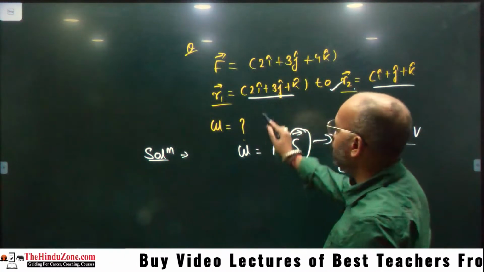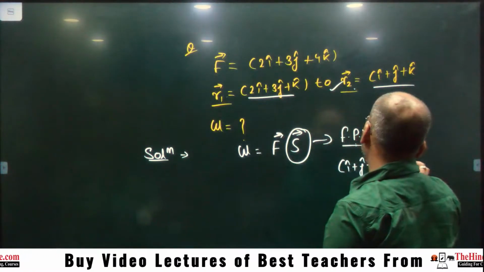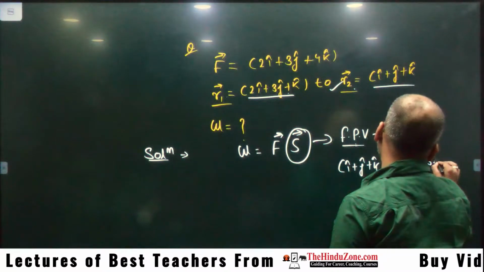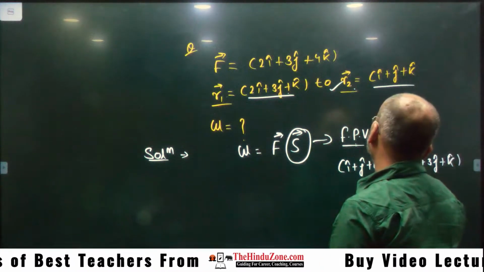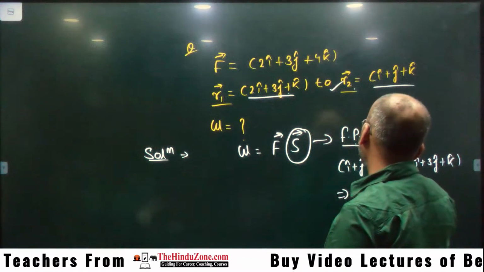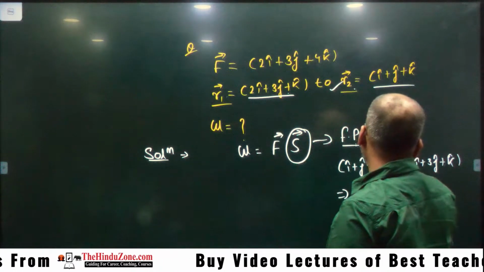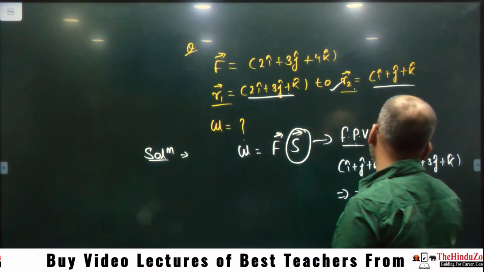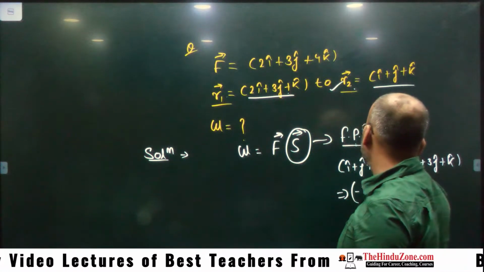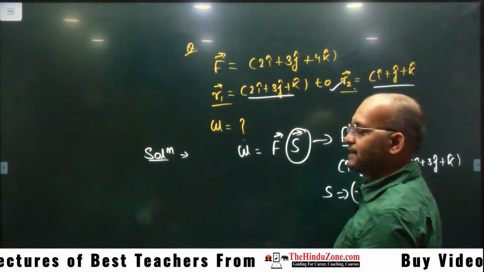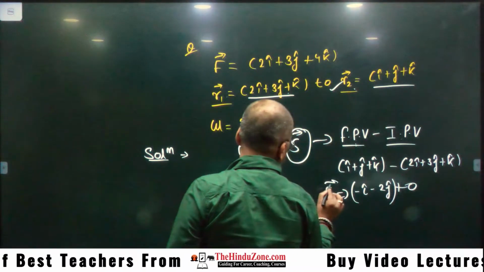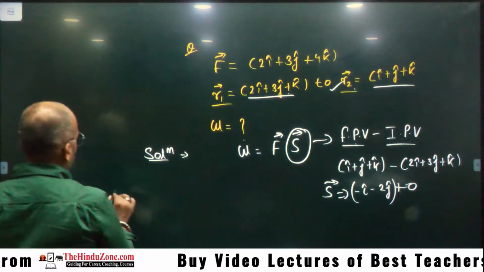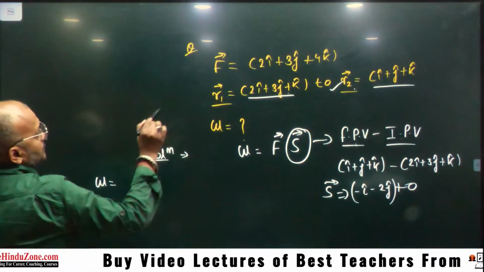The initial position vector is 2i plus 3j plus k cap. Subtract them: i minus 2i gives minus i, j minus 3j gives minus 2j, k minus k gives 0. So this is your displacement vector. Take the dot product of force vector and displacement vector, and you will get the work done.